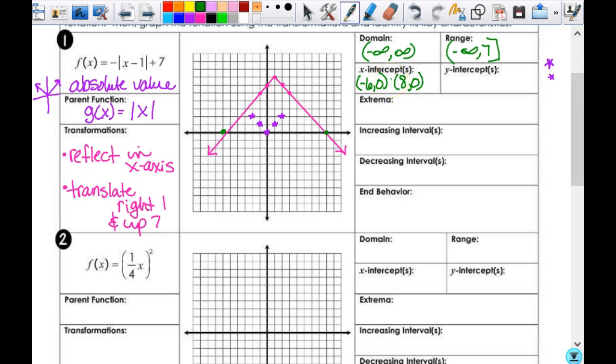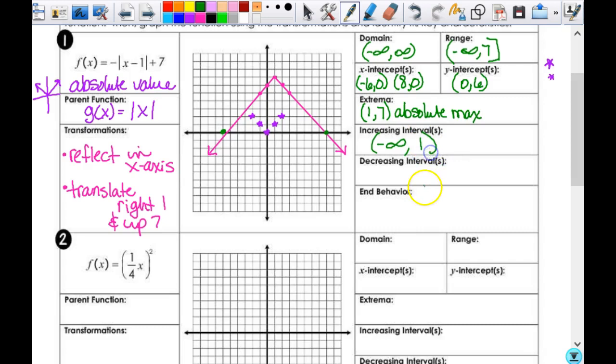Do I know exactly what my y-intercept is? Yes, that's the point, and that is 0, 6.